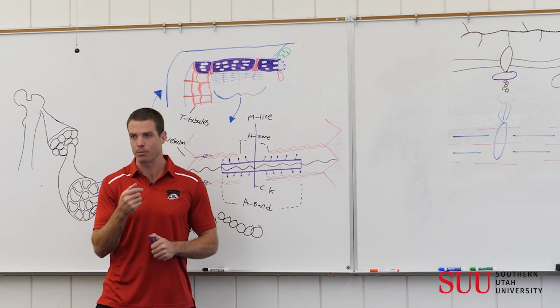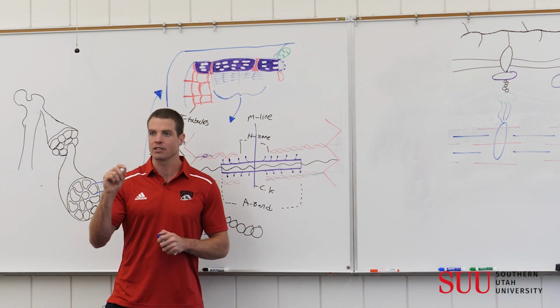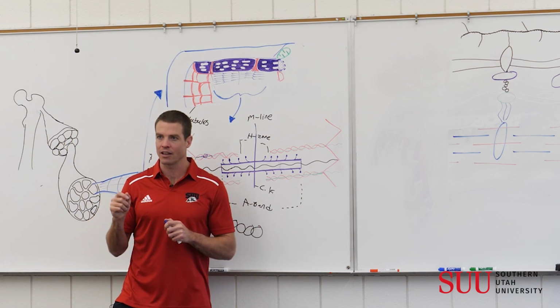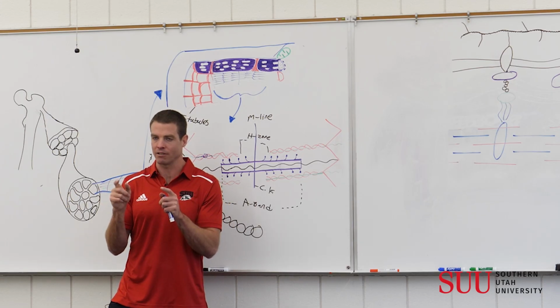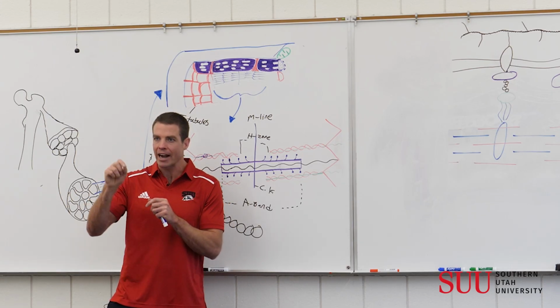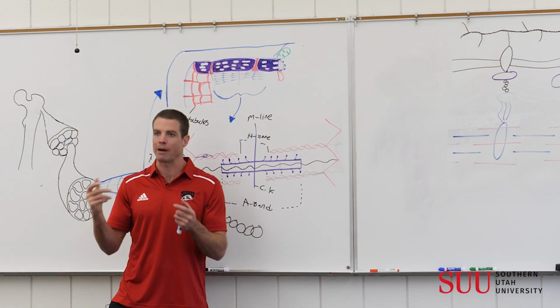So we look at actin as the thin filament. It's the other contractile protein. Now, there are about 6 actin filaments that surround each myosin filament, and each actin filament is surrounded by 3 myosin filaments.